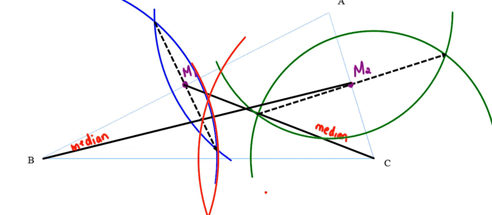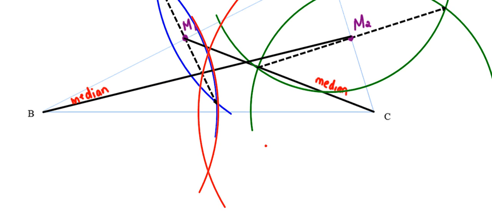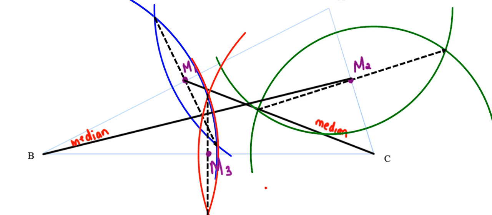I no longer need my compass, so I'll put that away. Again, my perpendicular bisector I'm going to do with a dashed line. The spot where that perpendicular bisector intersects the side of my triangle is my third midpoint. I'll then use my straight edge to connect midpoint 3 to vertex A.